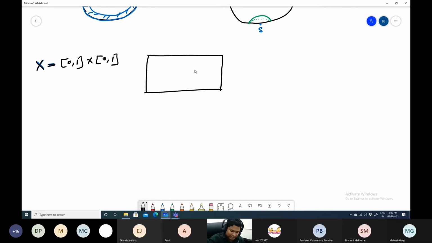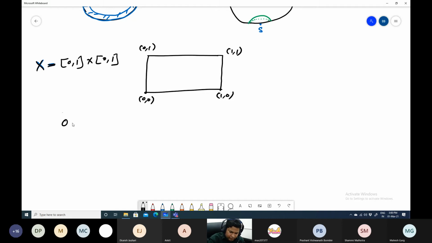Now what we are doing? Now first of all, say X cross, this is my (0, 0). We do not have order topology, right? So we can write in the form of this one as well: (0, 0), (1, 0), (0, 1), (1, 1).